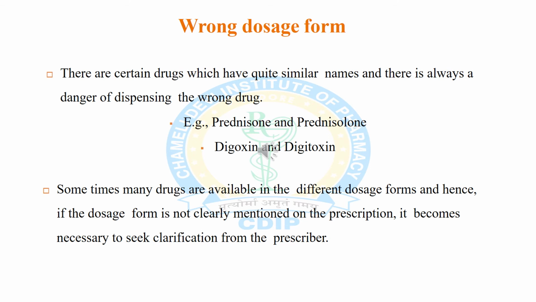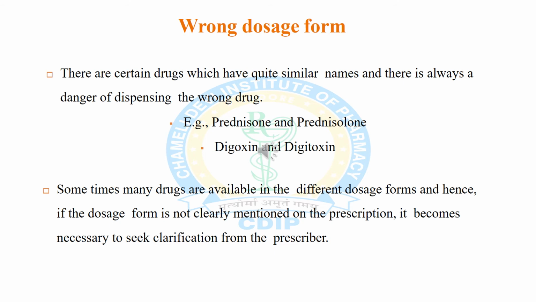The abbreviations of these drugs can also be similar, like DIG dot or PRED dot. So the pharmacist can be confused and may dispense the wrong dosage form, which can be dangerous.